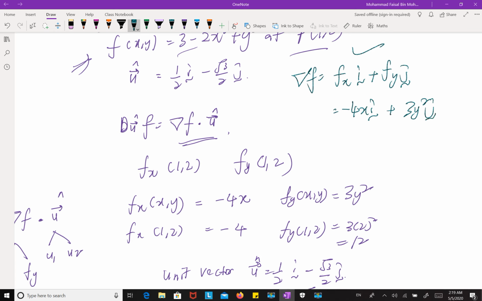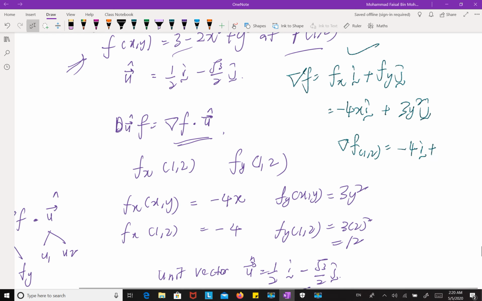Okay, so at 1, 2, this will be negative 4i plus 3 times 2 squared, which is 12j.